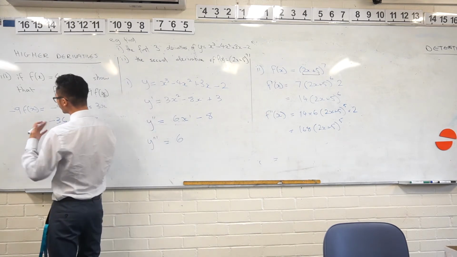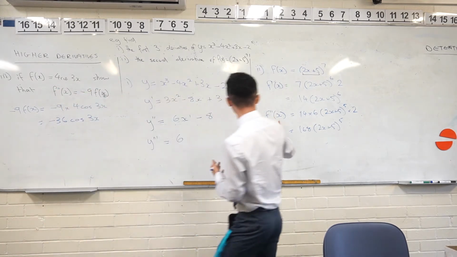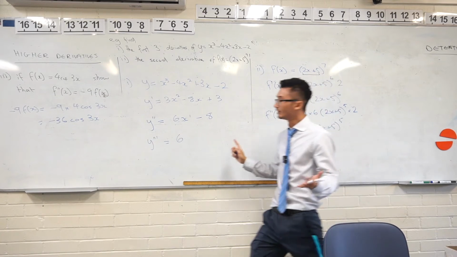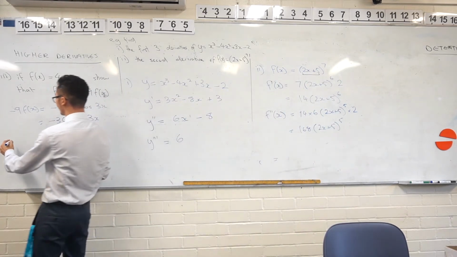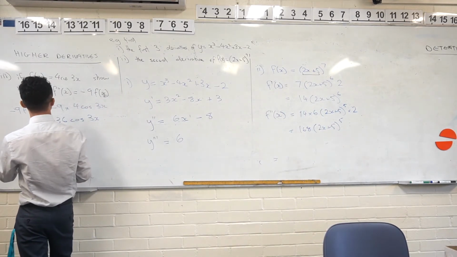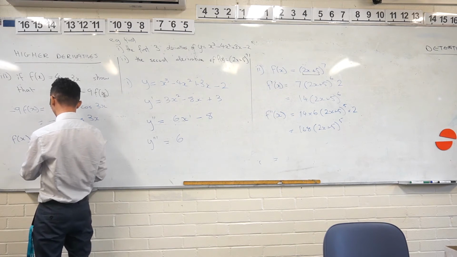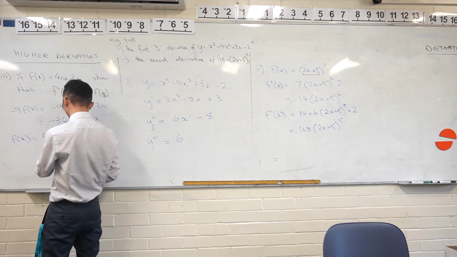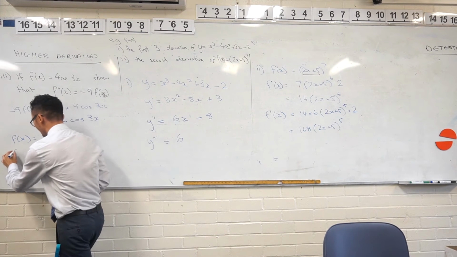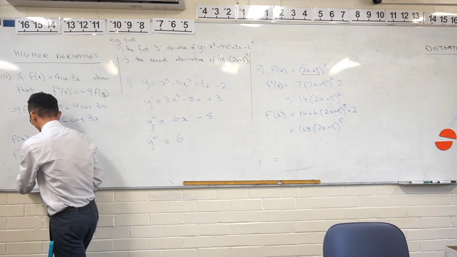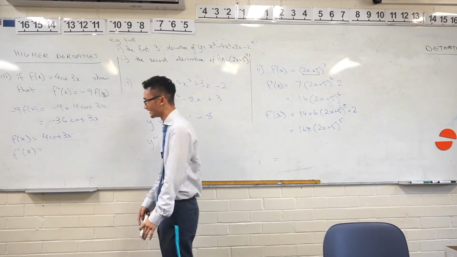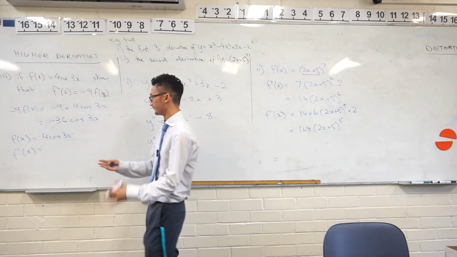The other part is, what's f double dash of x? Well, I've seen that notation before. That's just the second derivative, right? So let's go to the first expression, f of x is 4 cos 3x. Now this is where you're going to have to remember your derivative rules, and there's a few of them. So f dash of x, now when you differentiate cos, think back to what you need to do, you actually end up with a negative sine.